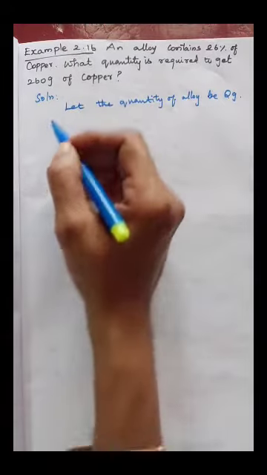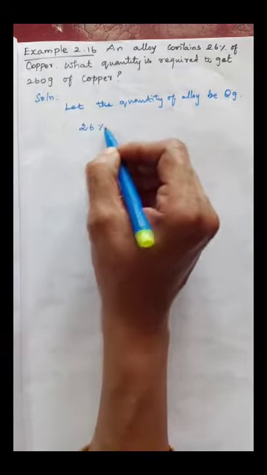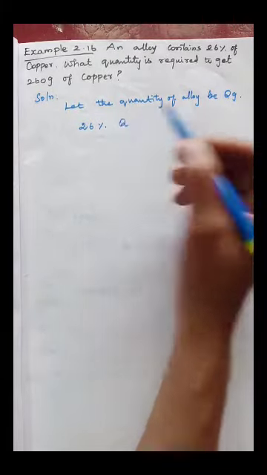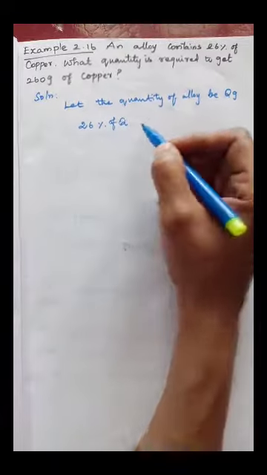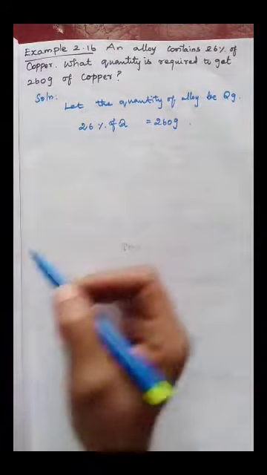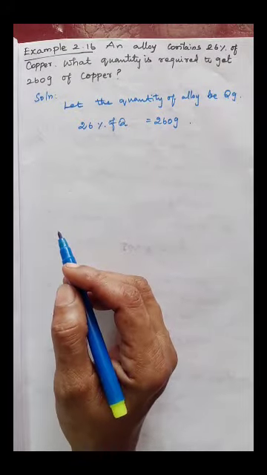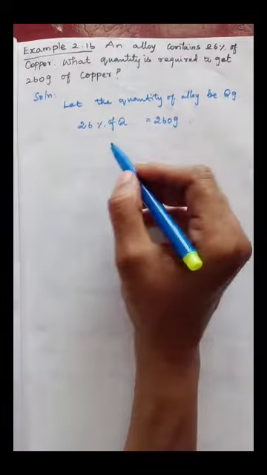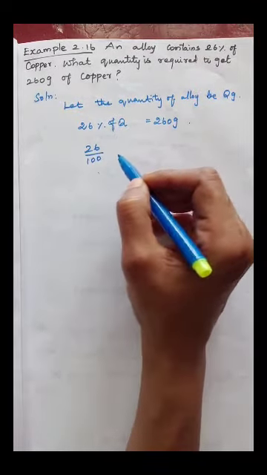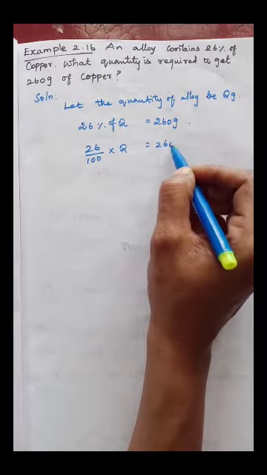Okay. Now 26% of alloy, that is Q, 26% of Q is equal to 260 grams. Now you have to calculate the quantity of alloy here. So 26% means 26 by 100 into Q is equal to 260.